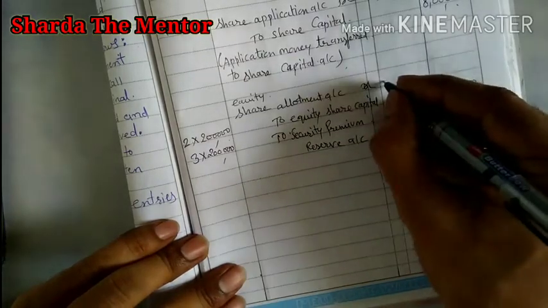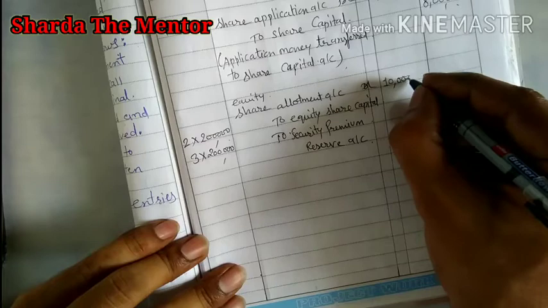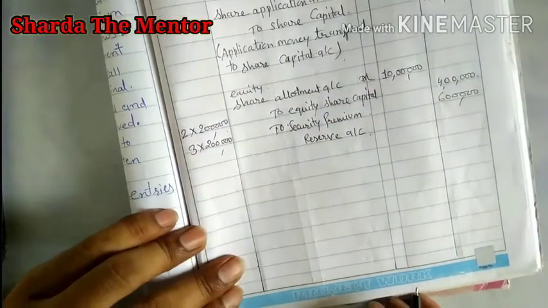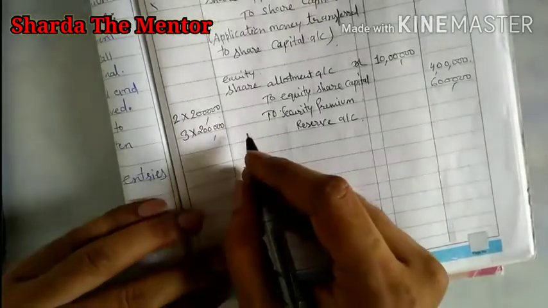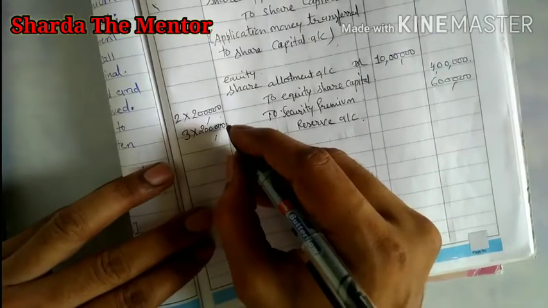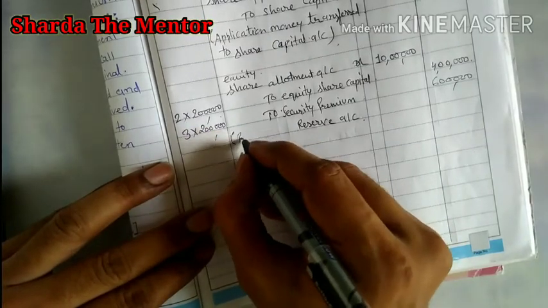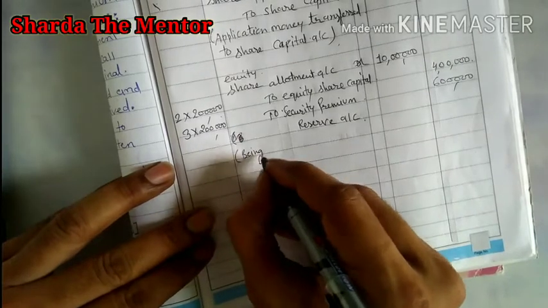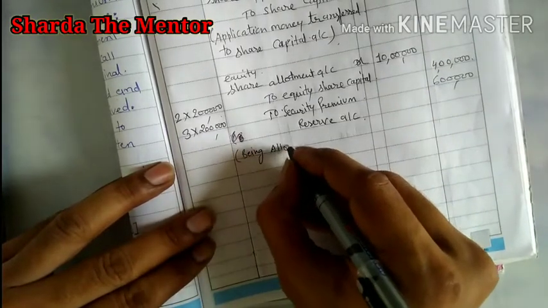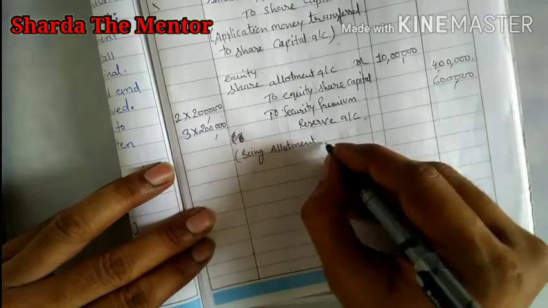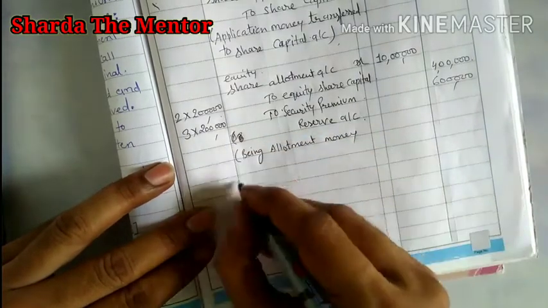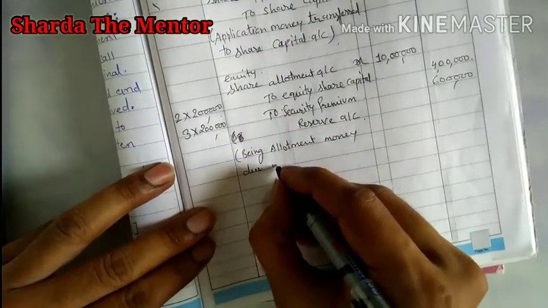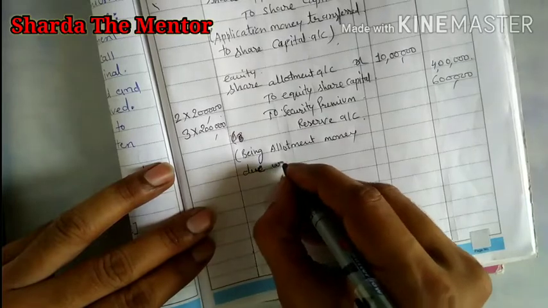So the total amount will be 10 lakh rupees. You will mention the narration: being allotment money due with premium.